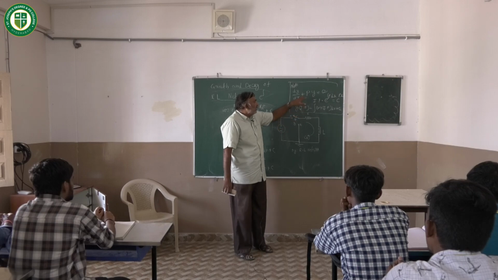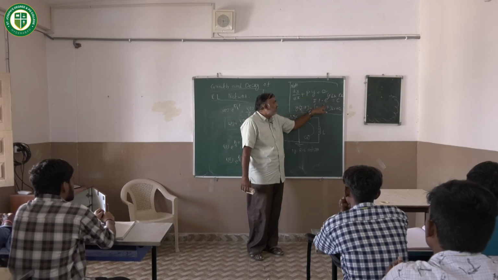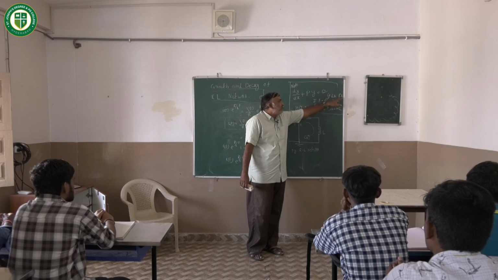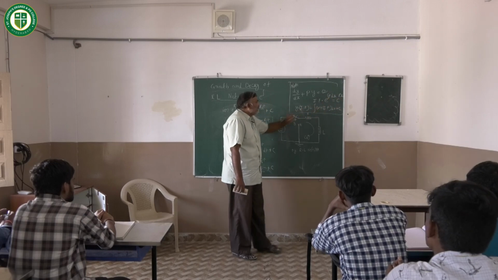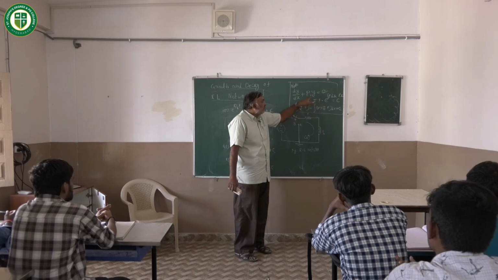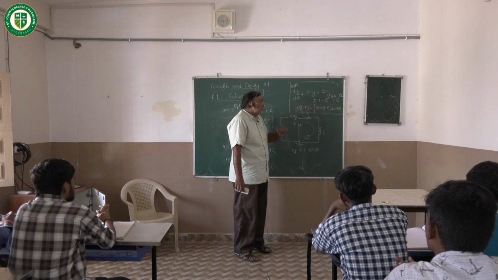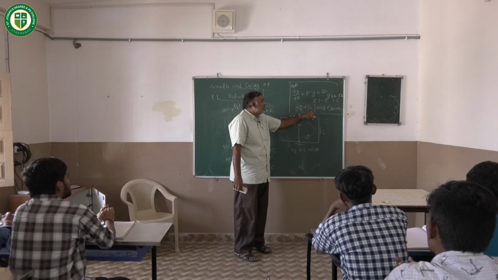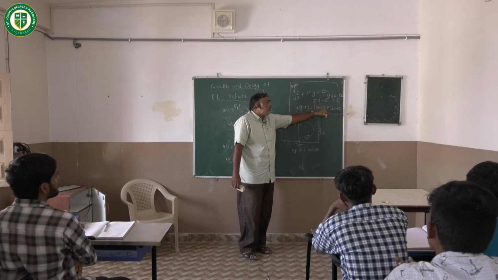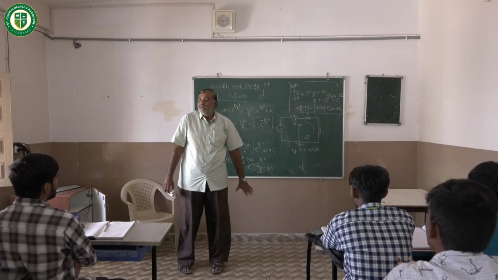Here the standard equation is a first order differential equation whose integrating factor can be written as e power integration of the coefficient of y into dx, which is equal to e power px. Then by taking the integrating factor, we find the standard solution for this differential equation, which is y into integrating factor equals integration of q into integrating factor into dx plus c, where c is a constant of integration.